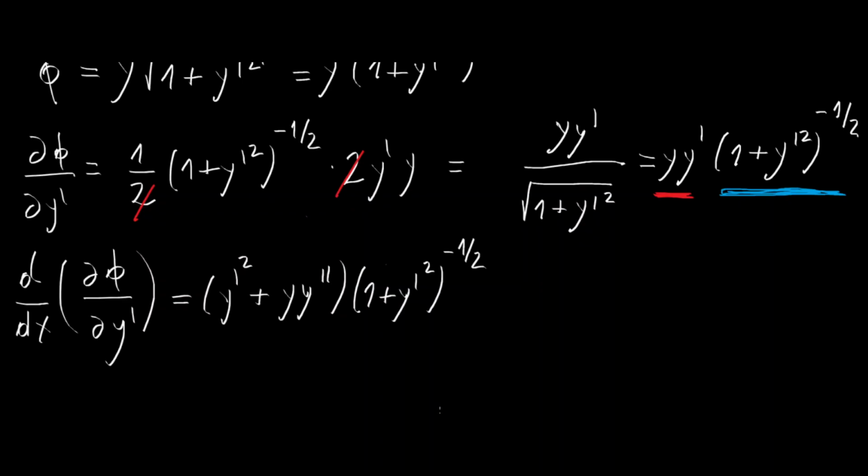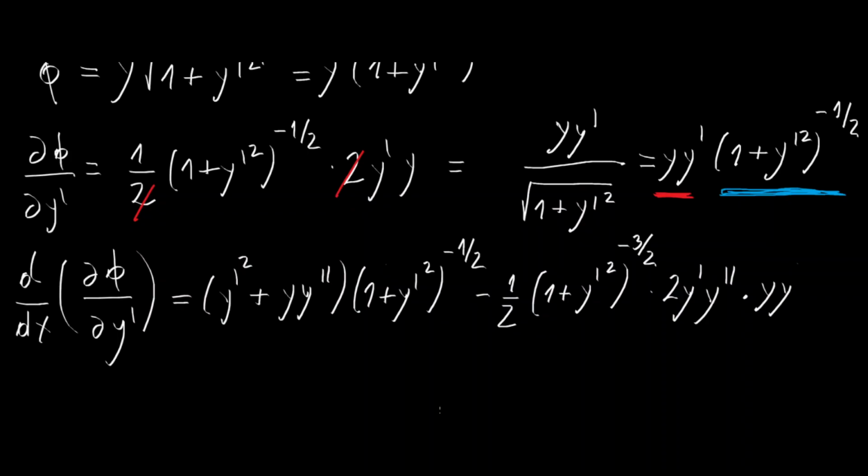The derivative of the blue function is equal to minus 1/2 times (1 plus y prime squared) to the minus 3/2 times 2y prime, and now times y double prime, because we are differentiating now with respect to x. Let's not forget that y is a function of x, and this is multiplied by our red function.